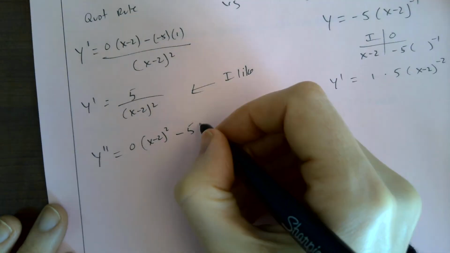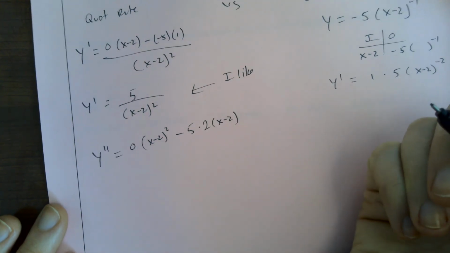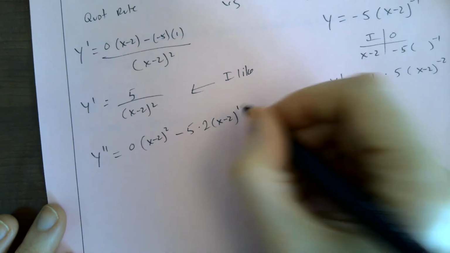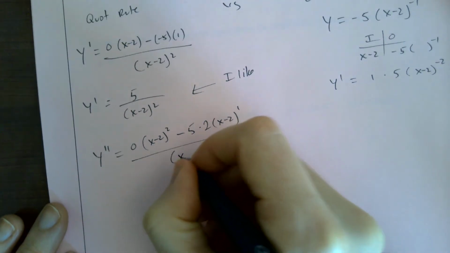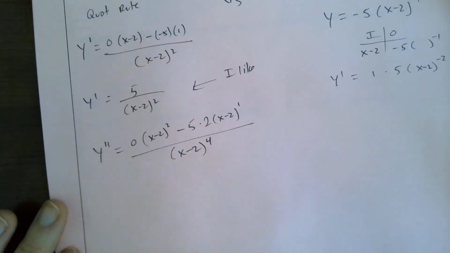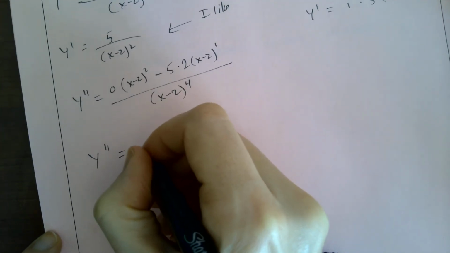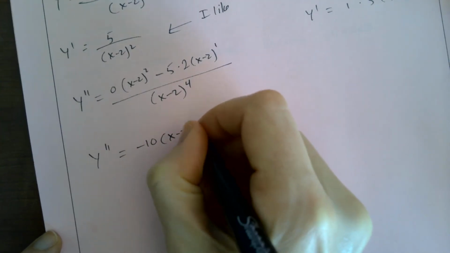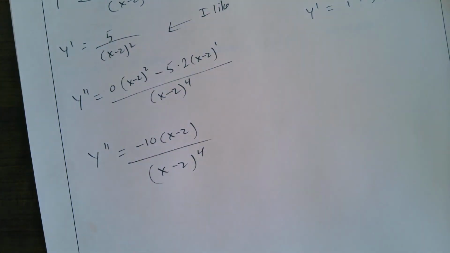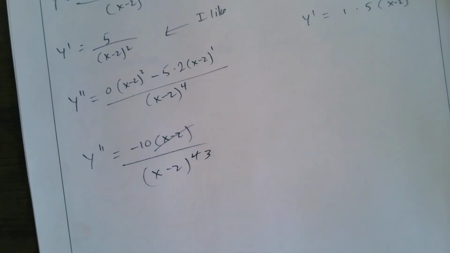And then the derivative of the outside is 2 times x minus 2 to the first, all over x minus 2 squared, so to the fourth. So y double prime is negative 10 times x minus 2, all over x minus 2 to the fourth. Oh, actually, one of these cancel. So it just ends up like that.